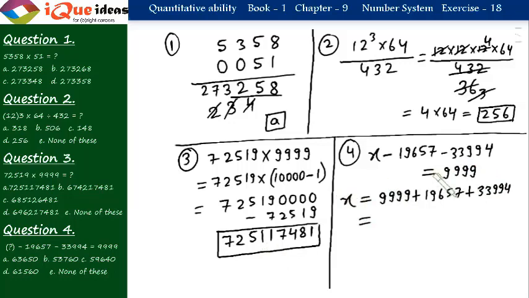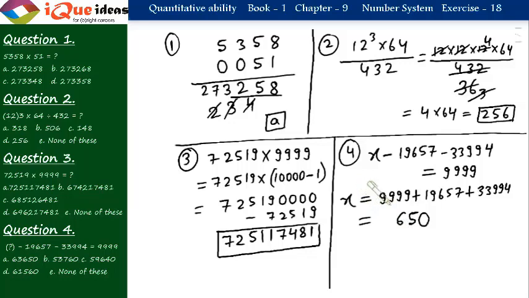So if you add 9 plus 7, 16 plus 4, 20. So 0, 2 carry forward. 9 plus 6, 9 plus 5, 14 plus 9, 23 plus 2, 25. So 5 here. 2 carry forward. Then we have 9 plus 6, 15 plus 9, 24 plus 2, 26. So 6 here.